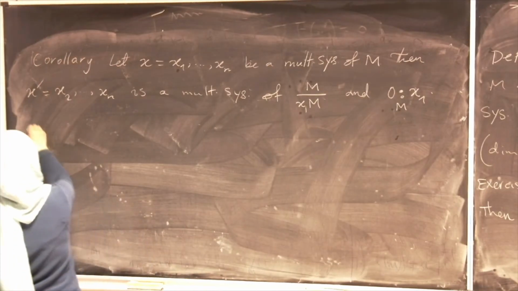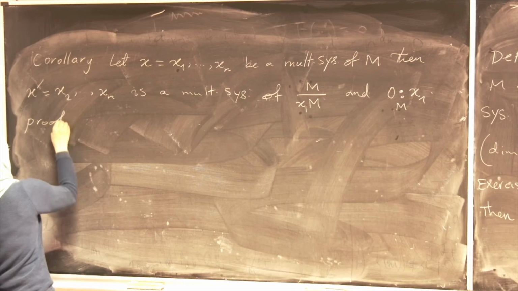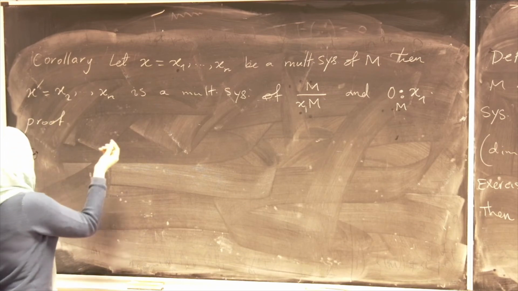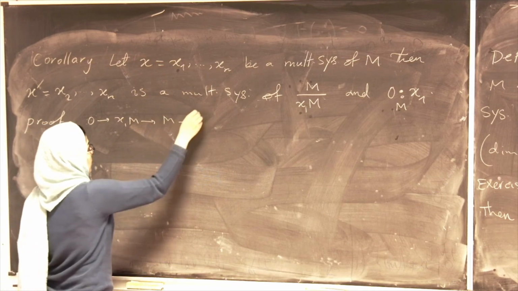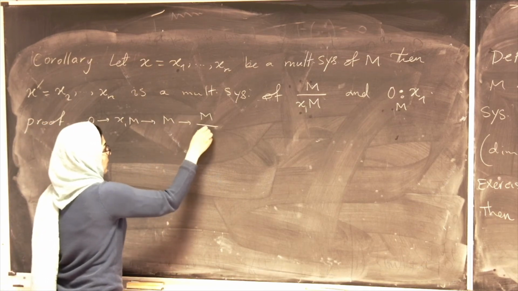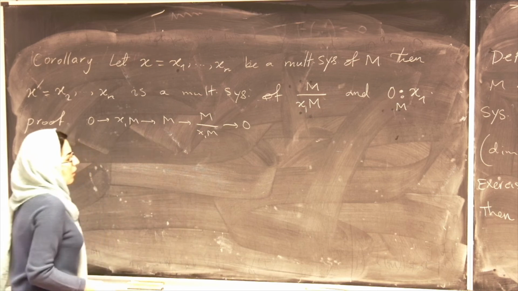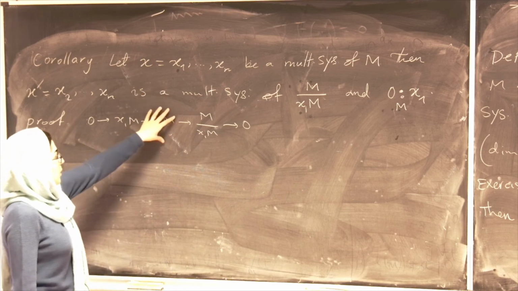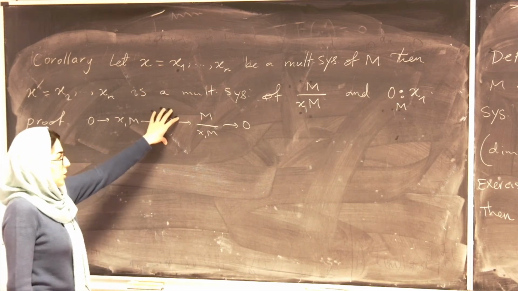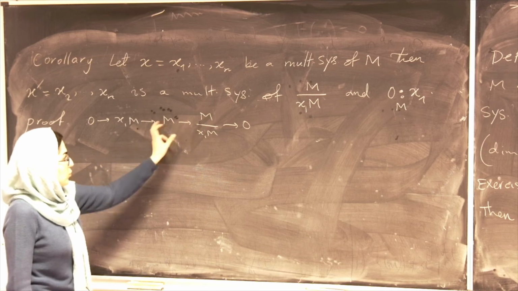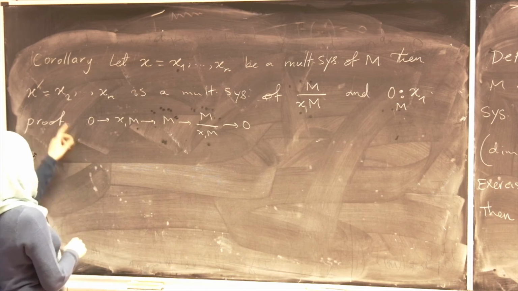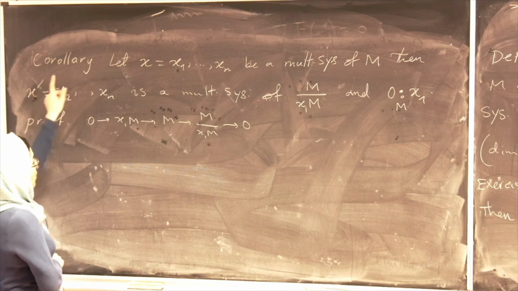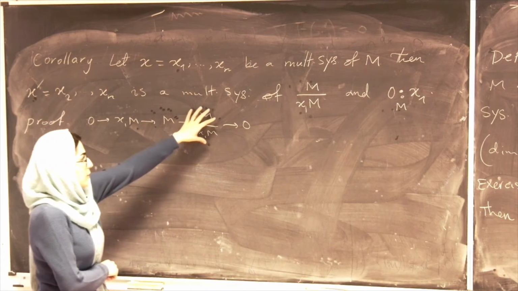So if I consider this short exact sequence, because x is a multiplicity system for M, it is a multiplicity system for both of these, so in particular for this. But the point is that here we want to show that x prime is a multiplicity system for this quotient module.